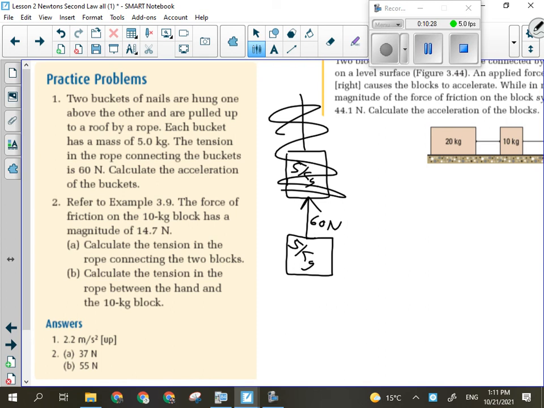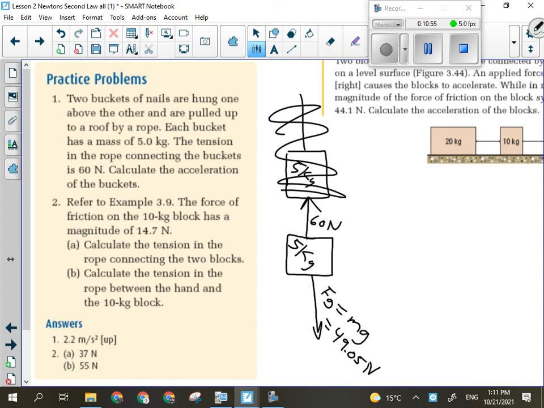What's pulling down on the bottom bucket? Gravity. I can calculate gravity by going m times g, 5 times 9.81, which is 49.05 newtons.